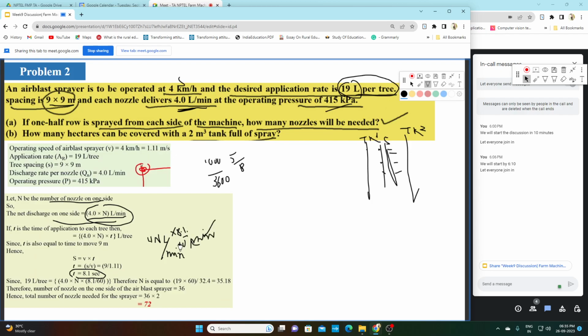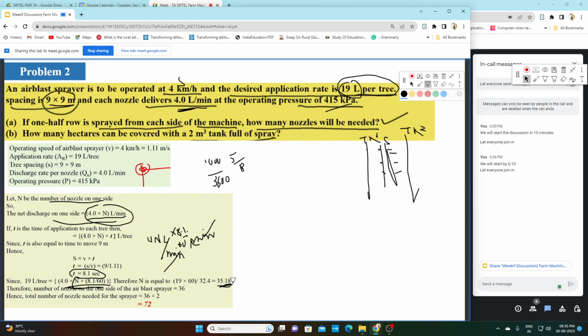So this minute and this minute will cut down, and you will get your application rate for each tree, 4 into n into 8.1 by 60. But you already know your application rate for each tree is 19 liter per tree. So if you solve this, you will get n, the number of nozzles. Here it is coming 35.18.